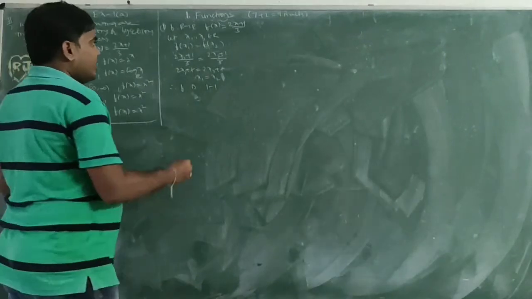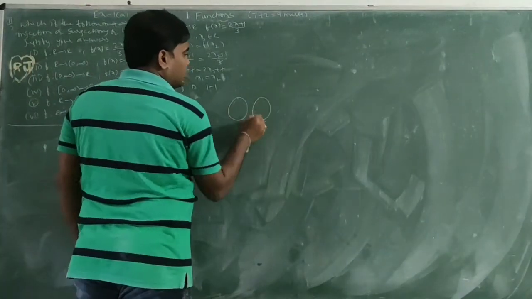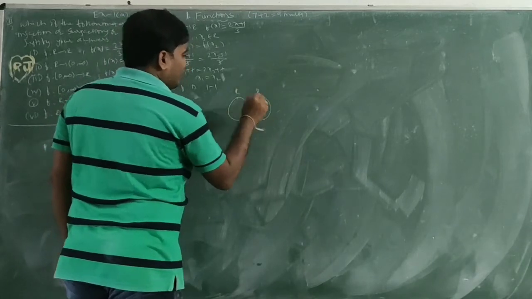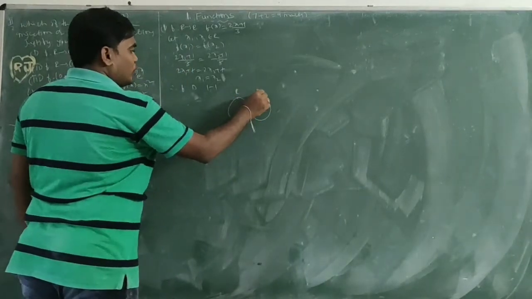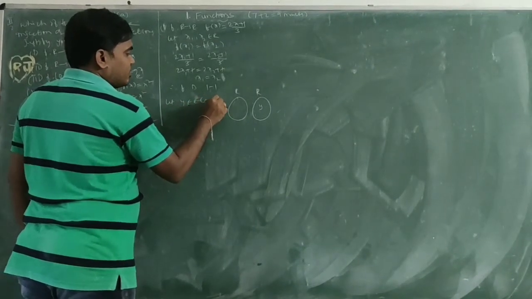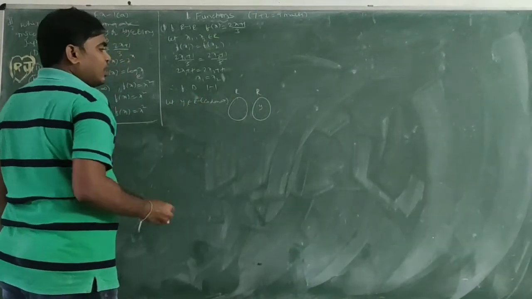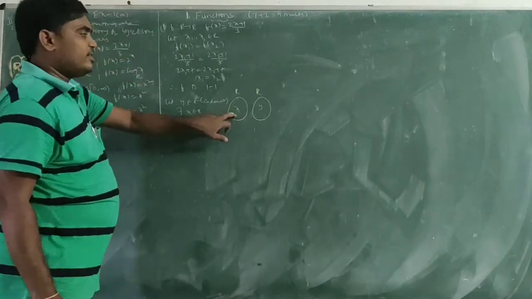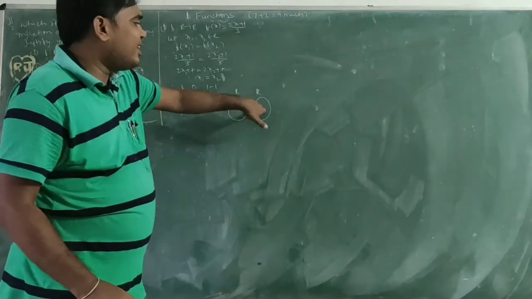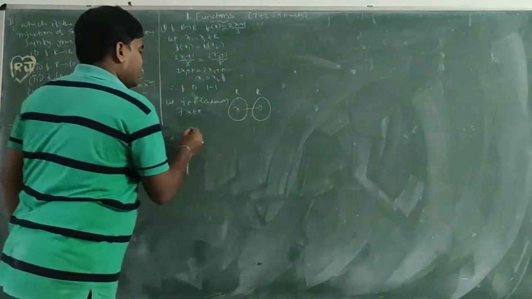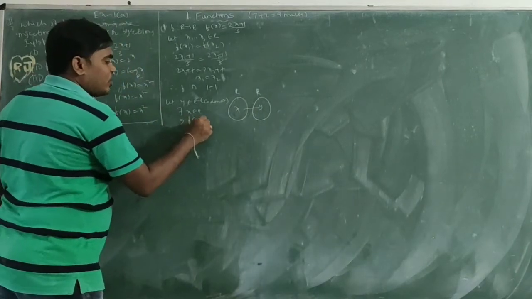Next, let y belong to R, the codomain. Then there exists x belonging to R, x is an element in the domain, such that f of x equals y.